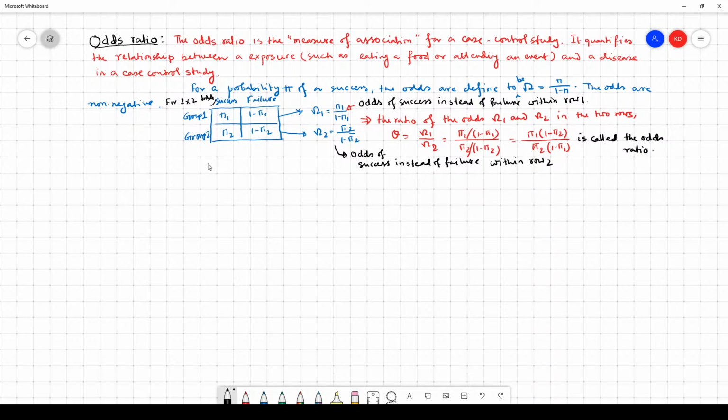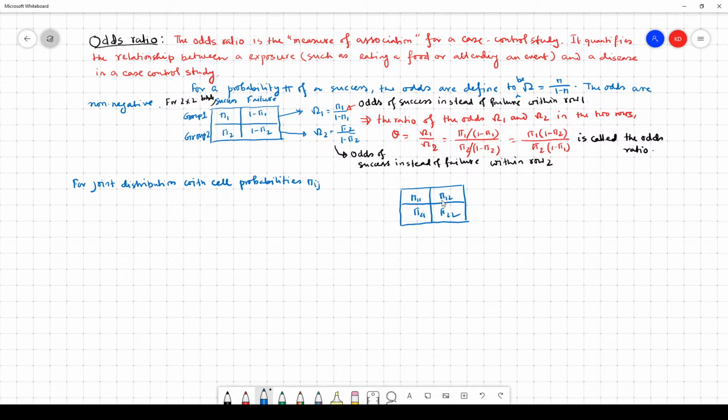Now for a joint distribution with cell probabilities pi ij, that is represented by pi 1 1, pi 1 2, pi 2 1, pi 2 2.